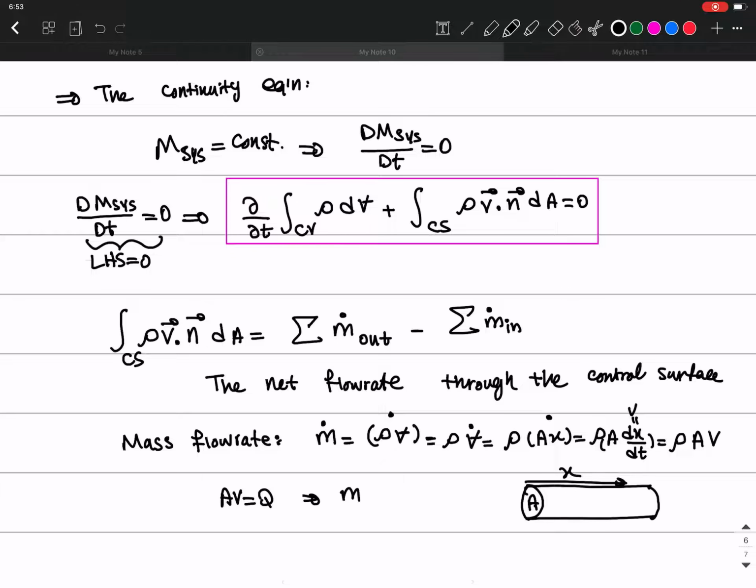So m dot is just rho Q, or rho AV, right?